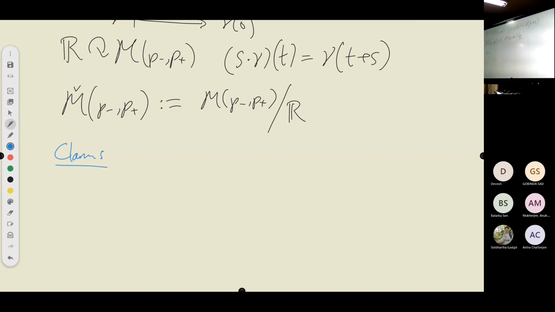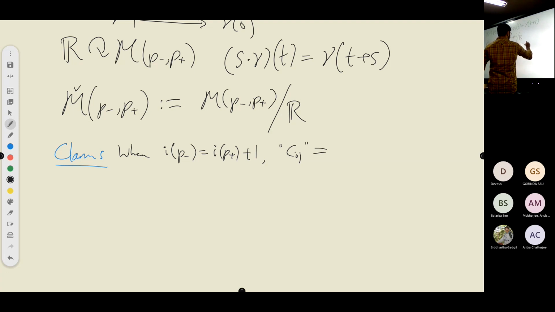The claim is that when the index of P minus is equal to the index of P plus 1, then the Cij trajectory and the Cij count that we were talking about is actually just a count of this space.